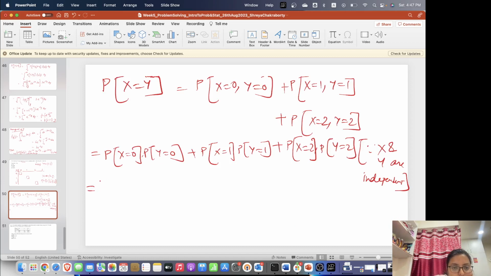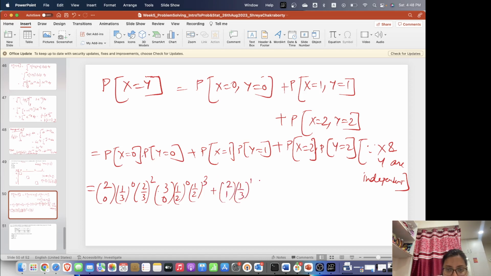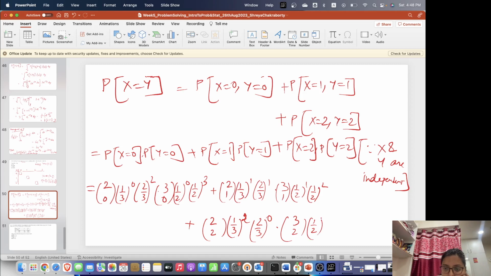X equal to 0 means 2C0 (1/3)^0 (2/3)^2, into Y equal to 0 means 3C0 (1/2)^0 (1/2)^3, plus 2C1 (1/3)^1 (2/3)^1 into 3C1 (1/2)^1 (1/2)^2, plus 2C2 (1/3)^2 (2/3)^0 into 3C2 (1/2)^2 (1/2). How much are you getting this as?